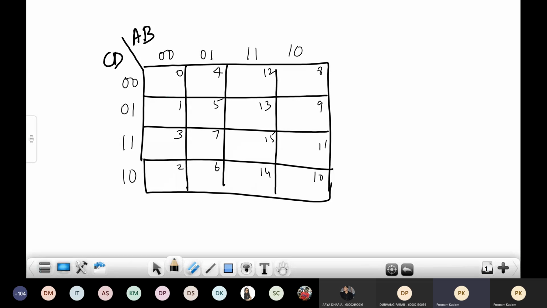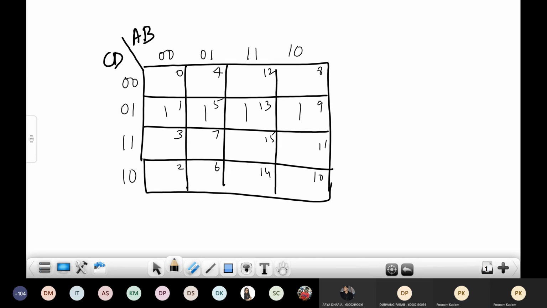If you remember, I had said that if you have two adjacent cells, you can combine them together and get a single term out of it, right? Let me take another example. Suppose you have ones in these four cells.